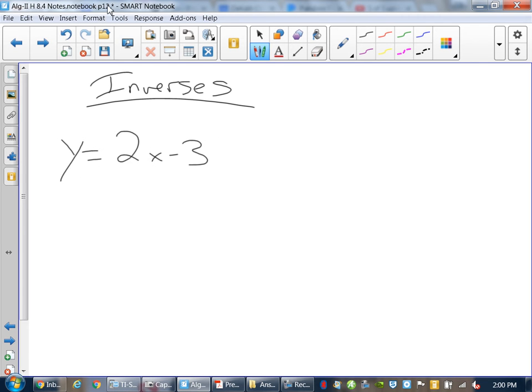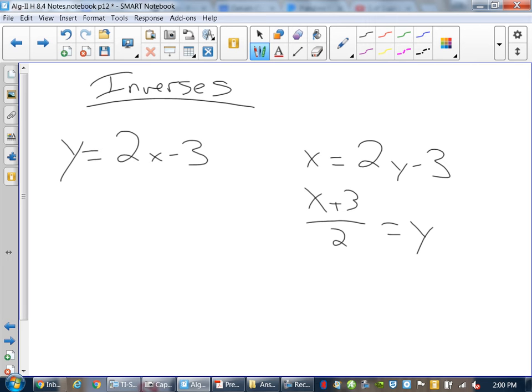So what we did was, we would resolve it and say that x plus 3 all over 2 equals y. And in doing so, we could verify that those two functions were inverses of one another by substituting in one for the other.